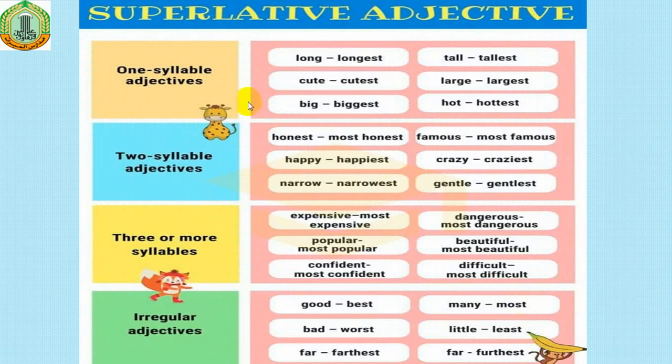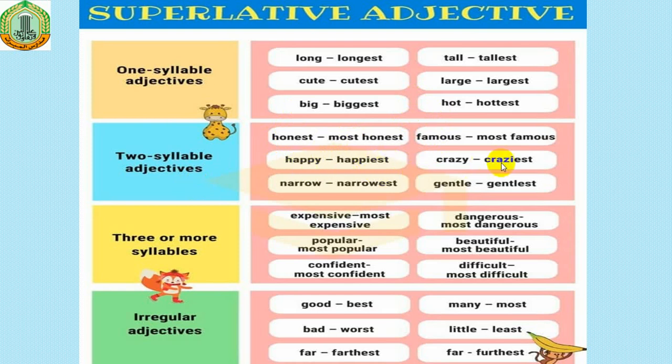This is the summary of superlative adjectives. For one syllable adjective, I add est. If I have CVC, I double the final consonant. If I have a final E, I drop it. For two syllable adjectives, honest and famous are exceptional. I don't add est to them, I just add most. If the word ends in Y, I drop the final Y if it is preceded by a consonant, change it to I and add est.